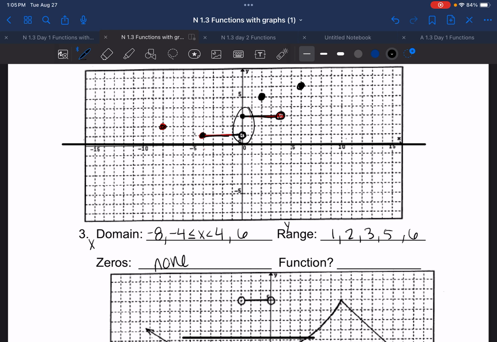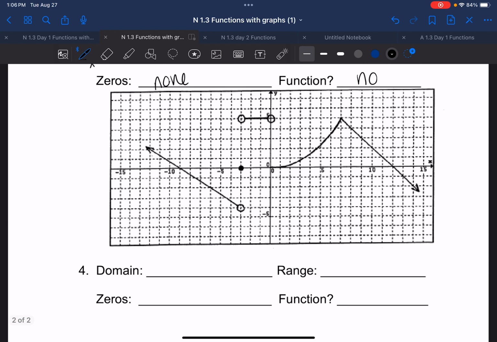So no repeats there. We do, however, have one right here because this is a solid point and this is on a line, so it is also a solid point. So we do have these two x values repeating right here on this line. Therefore, this is not a function.